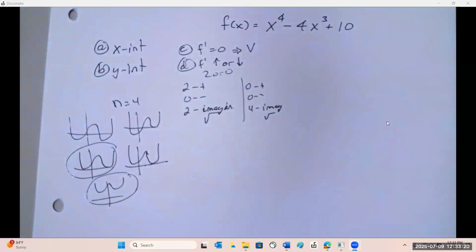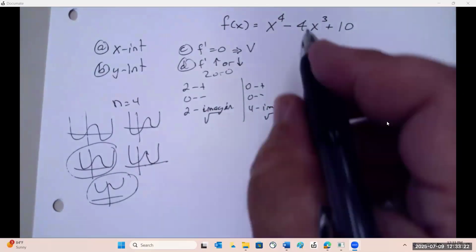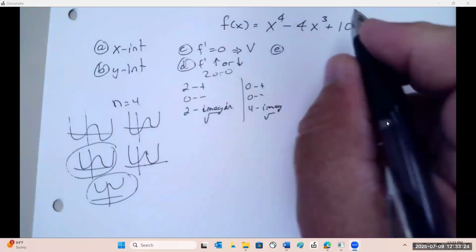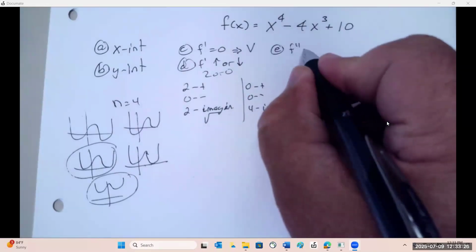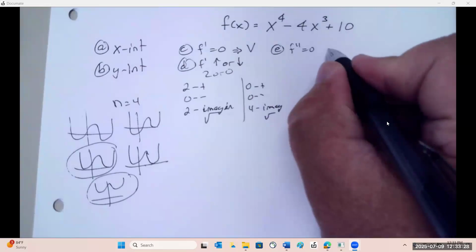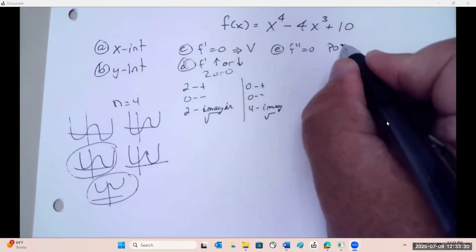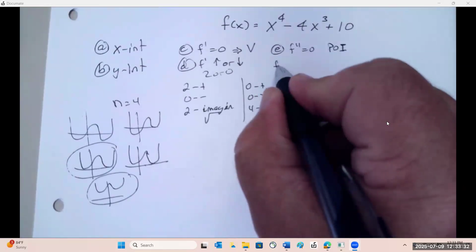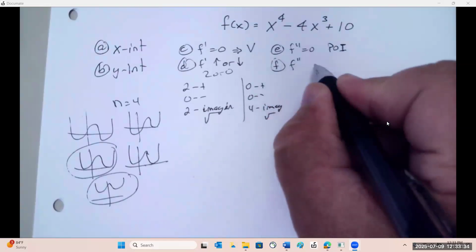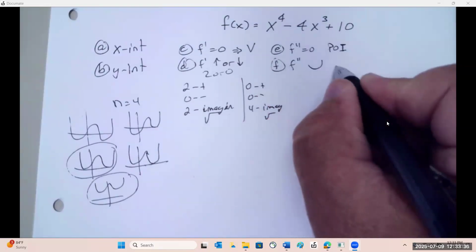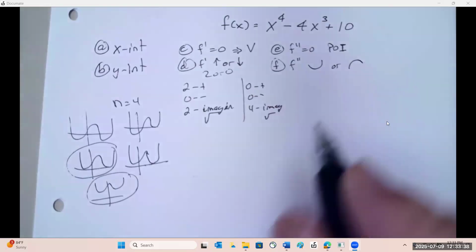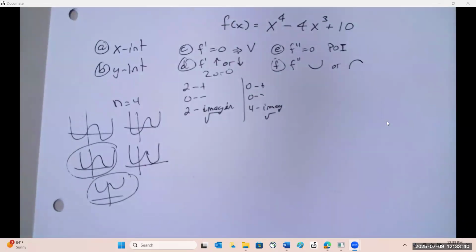We can find intervals like that. The second derivative, set equal to 0, will give the points of inflection. And the second derivative will also tell us the intervals where it's concave up and concave down. So it's going to sketch the graph for us.